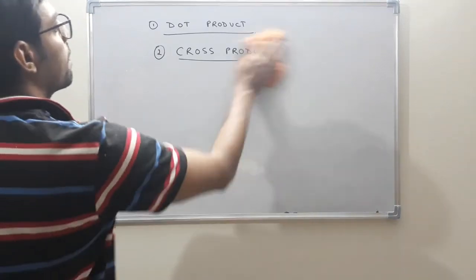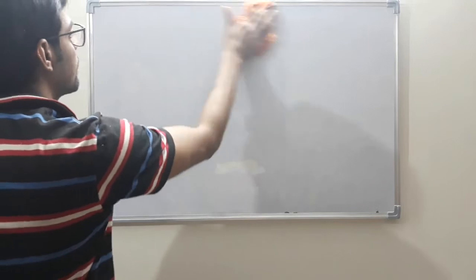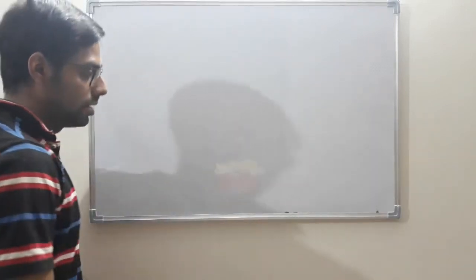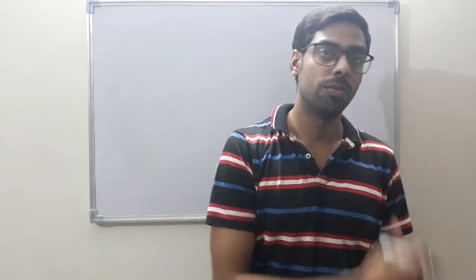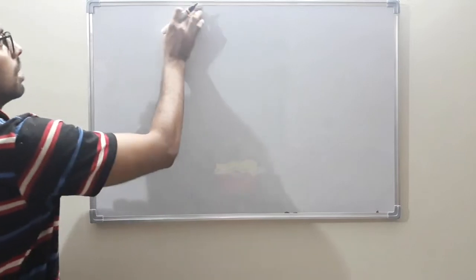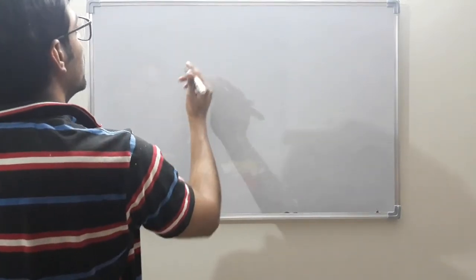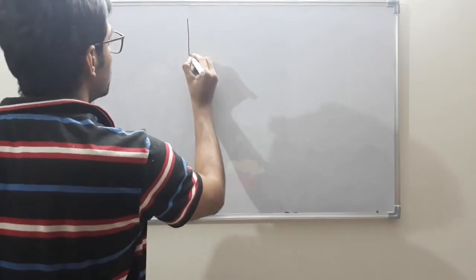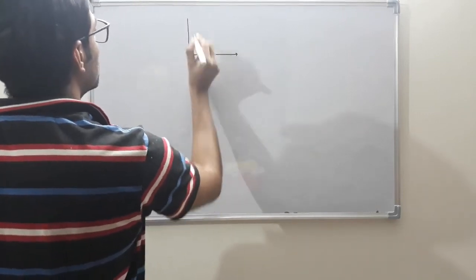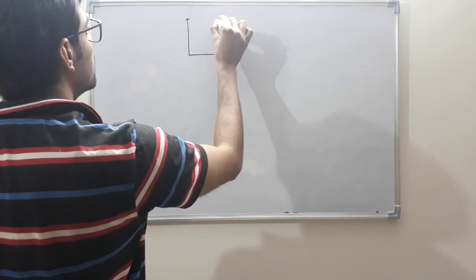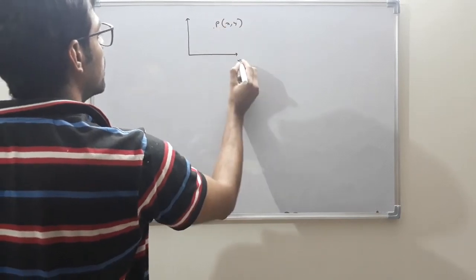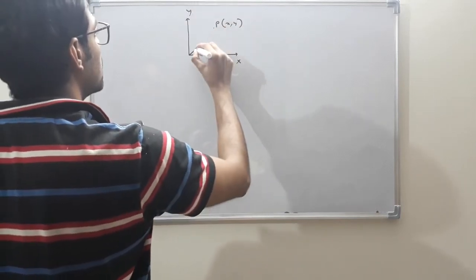Next, we will now discuss the representation of the vector in a two-dimensional coordinate system. Suppose this is the point P having coordinates x, y, it is the x-axis, it is the y-axis.